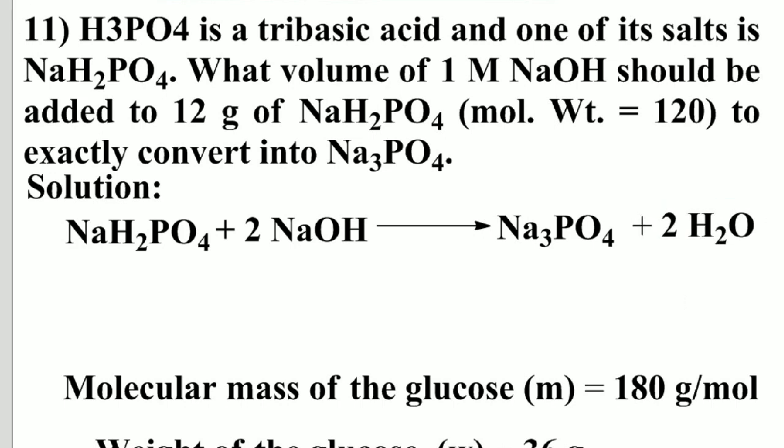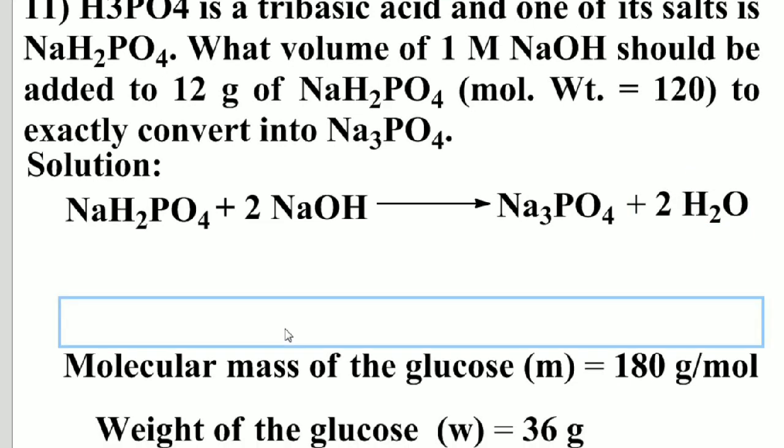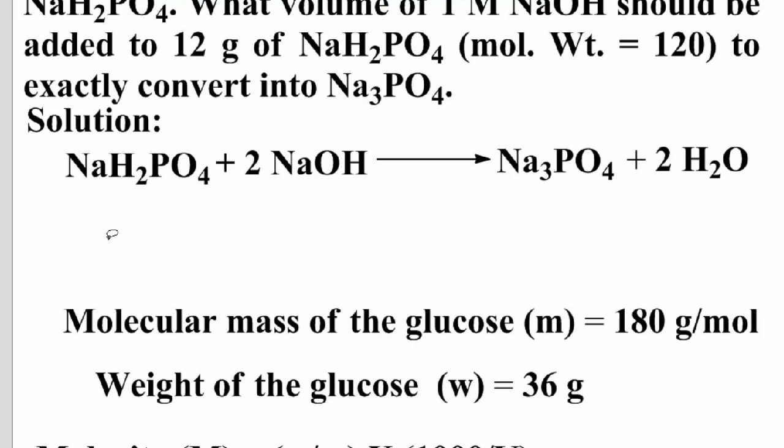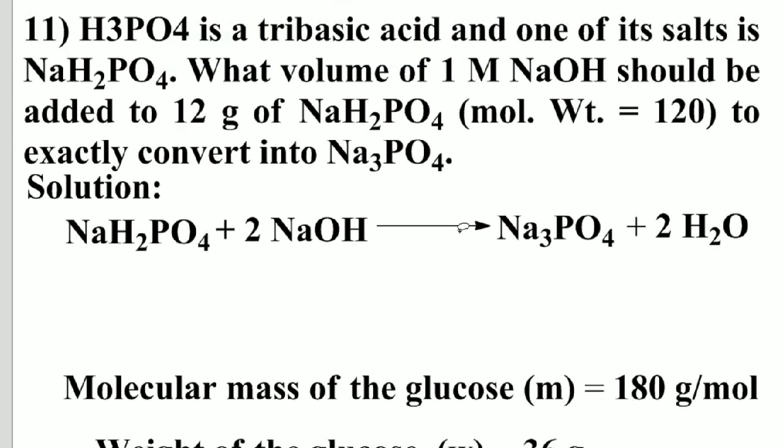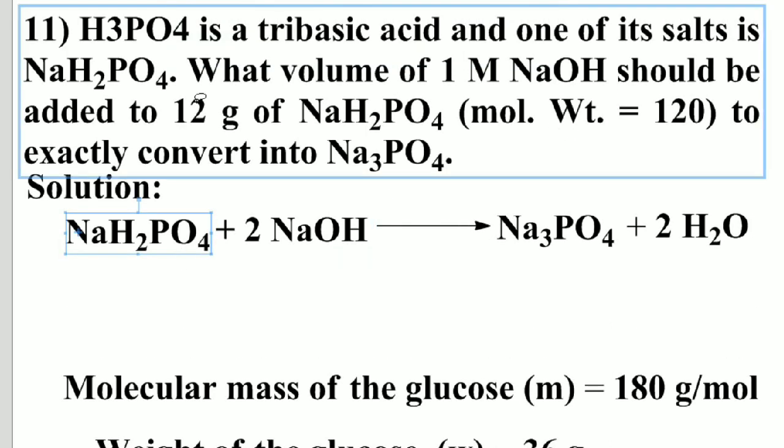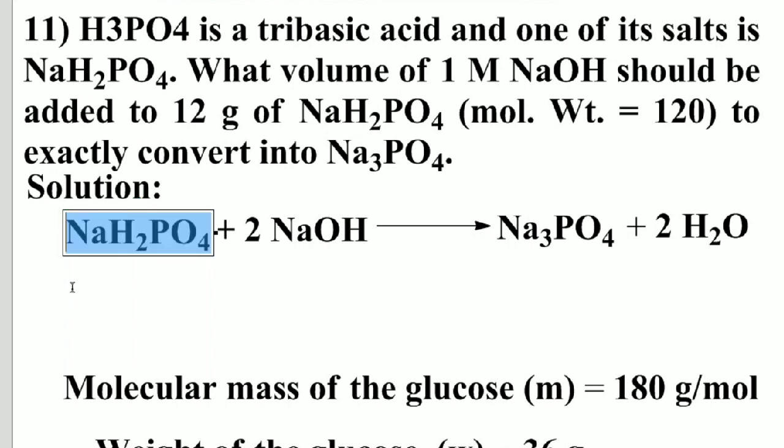This is the balanced equation for the given problem: NaH2PO4 on adding sodium hydroxide gives sodium phosphate Na3PO4 plus water. The molecular weight of NaH2PO4 is given as 120.